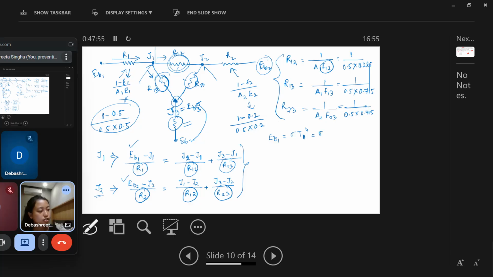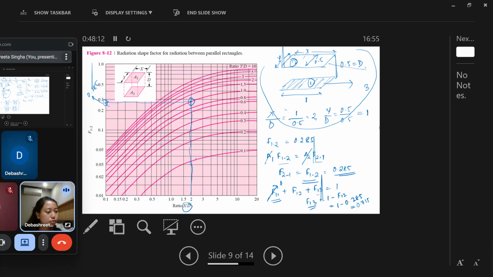Into 1000, you have to convert into Kelvin. There you get some values. EB is sigma T to the power 4. So the below one was 500, right?